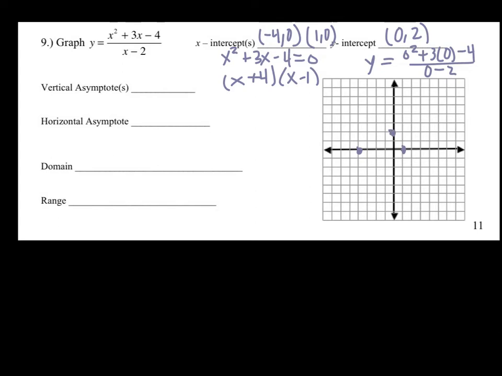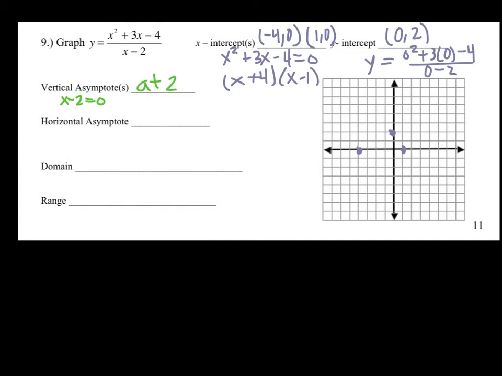So 0, 2. Okay, vertical asymptotes. That's where you set your denominator equal to 0. So x minus 2 equals 0. So you would be at +2 for the vertical.